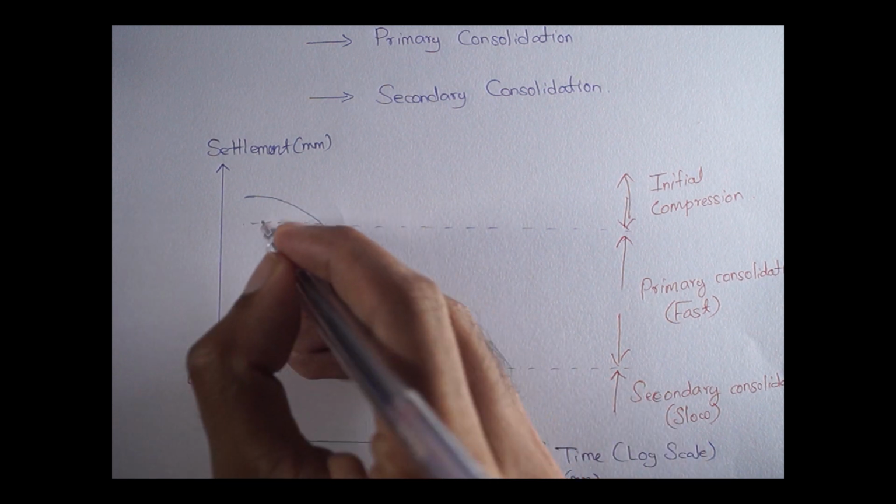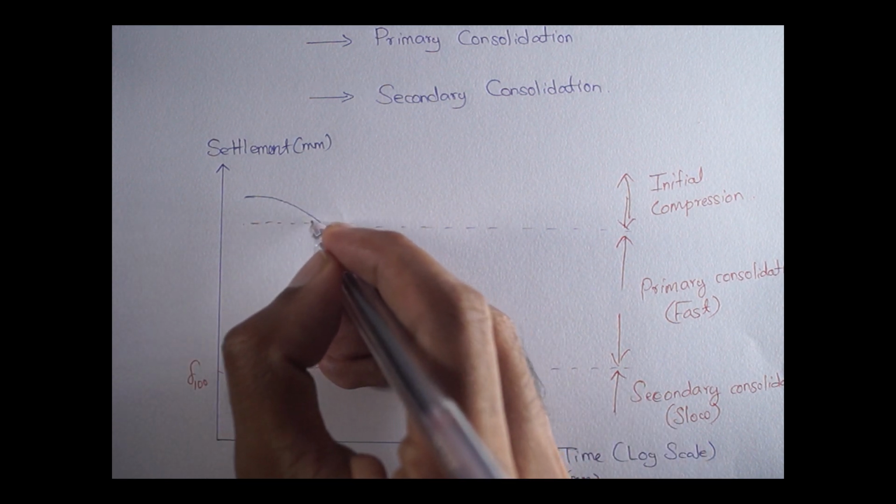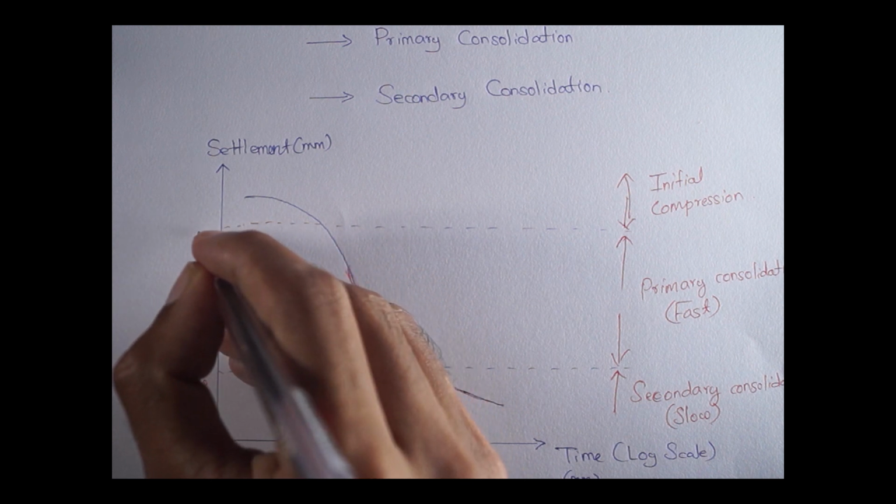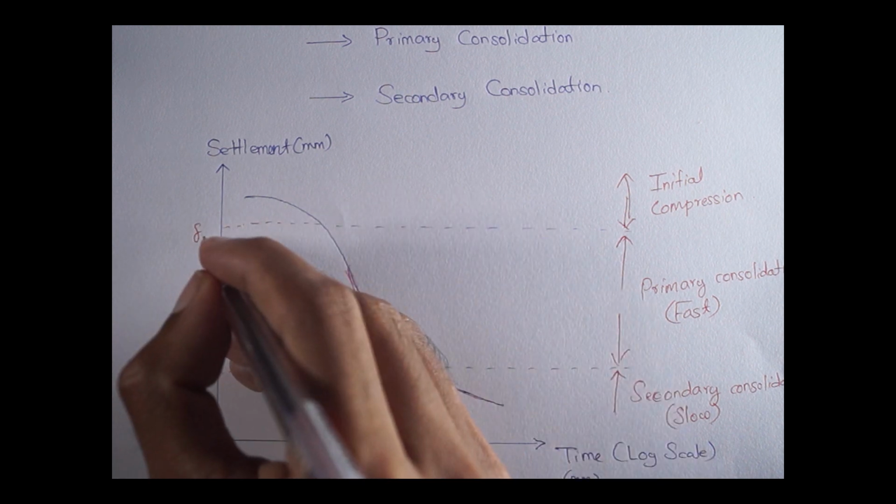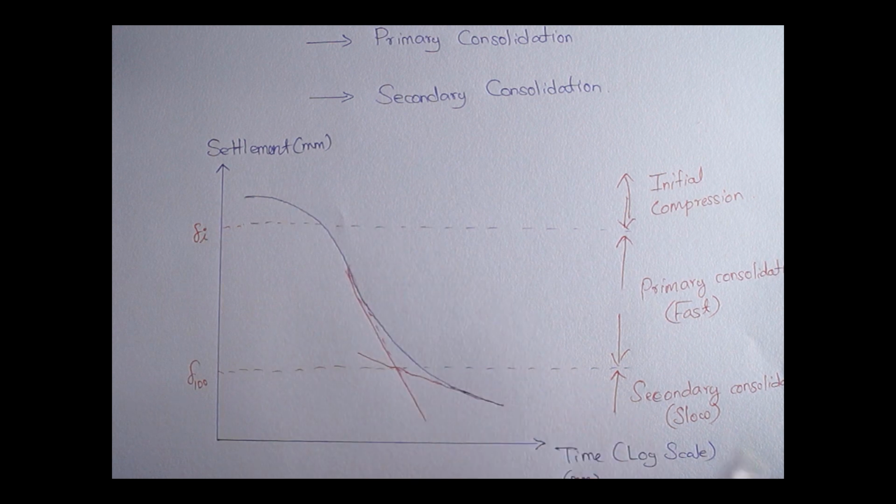Here this portion is the settlement which has occurred, which is known as the immediate settlement. Furthermore, we can find out the zero settlement using the Casagrande method, which we will be seeing in the upcoming videos.